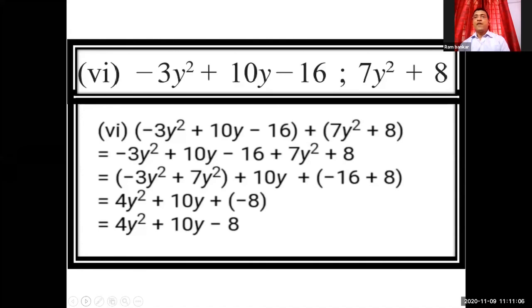Plus 10y as it is. And the last bracket minus 16 plus 8. What is the answer? Minus 8 is the answer. Taken the sign of big number, that is 16. Our answer is 4y square plus 10y minus 8. Okay. Look at the next slide.